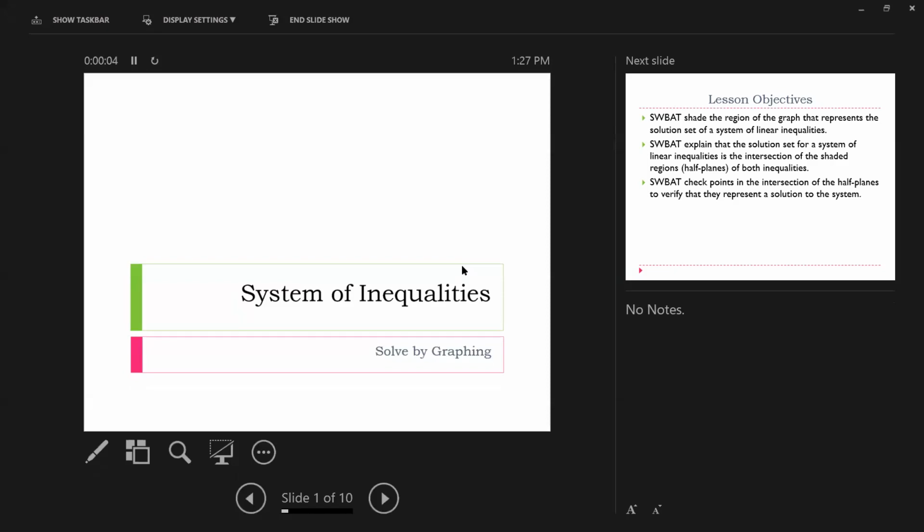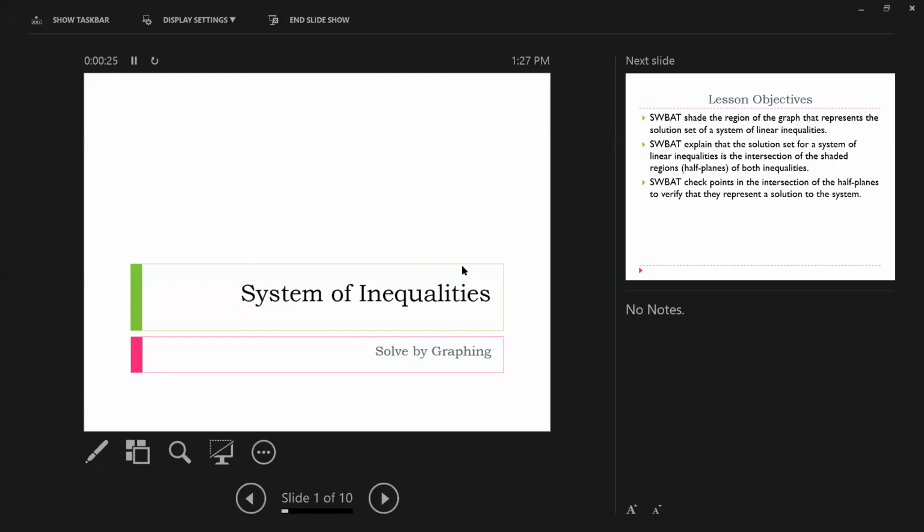So far with systems, we've talked about solving systems of equations by graphing, by substitution, and by elimination. Really, the best one for systems of inequalities is going to be graphing.